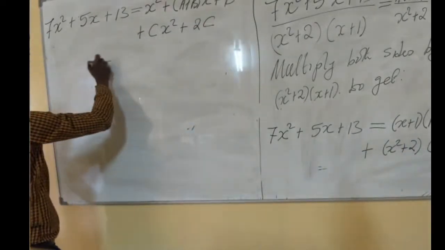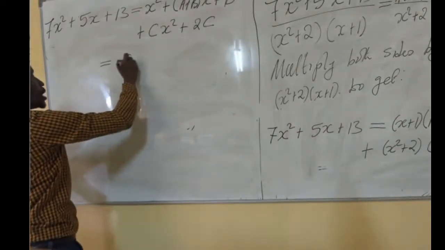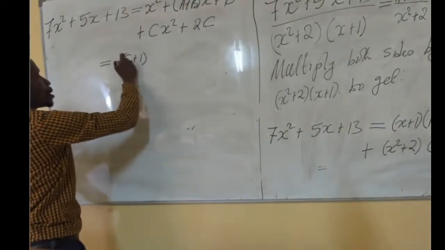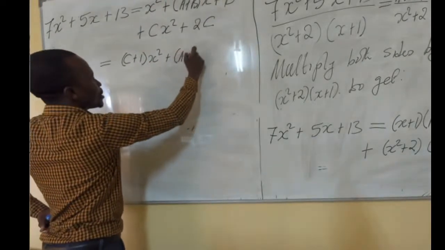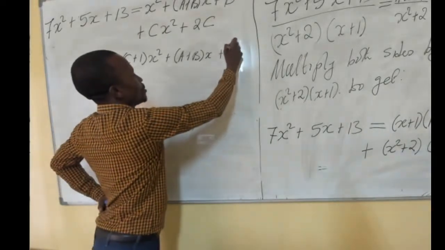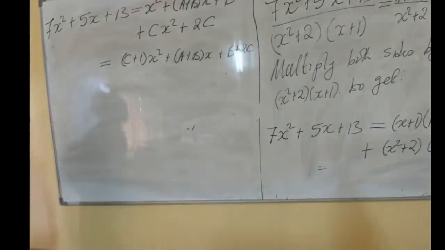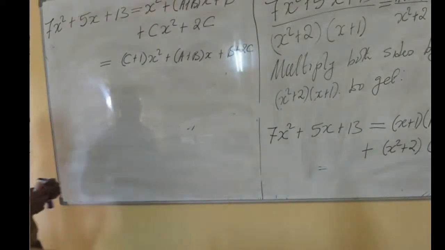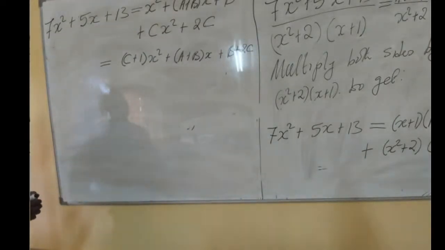So simplifying the right hand side, we get a plus c multiplied by x squared plus a plus b multiplied by x, then plus b plus 2c. So we have expanded, then we have simplified.